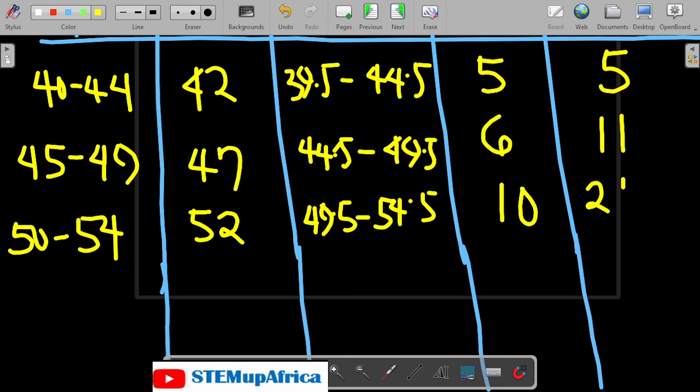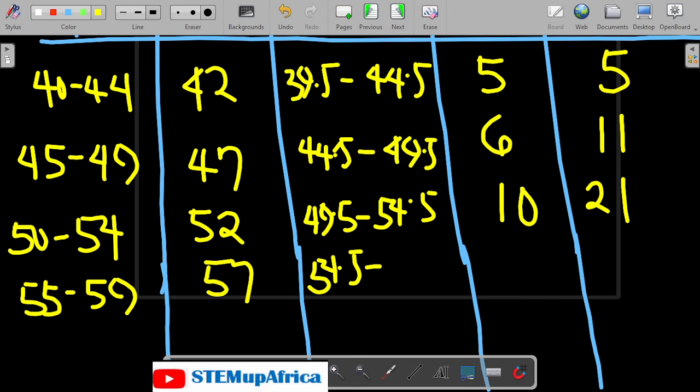Cumulative frequency will give me 21. Then the next one is 55 to 59. Then the class mark will give us 57. Class boundary is now 54.5 to 59.5. Frequency is 4. Cumulative frequency is 25.